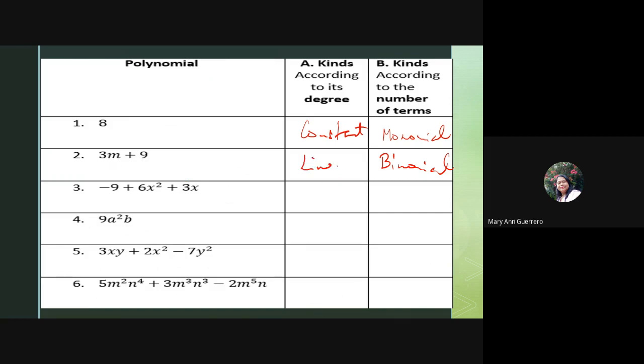Bakit linear? Kasi, ito ay 1 first degree, 0 degree. So, first degree, linear. So, first degree or linear, pareho lang yun. So, this is a trinomial. 1, 2, 3 terms. Okay, so degree nito, may constant term ay 0. Ito ay 2, ito ay 1, so quadratic.